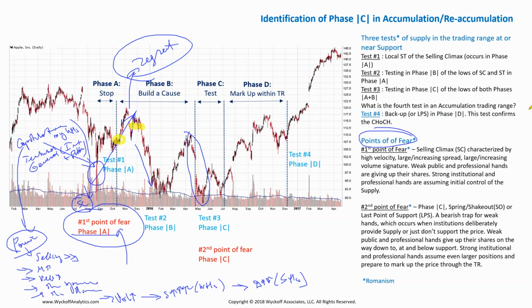Now, as the price goes down in phase B into another test, what do you think they're going to do now? They're probably going to say, well, I gave up my position on the selling climax, and that was a mistake. So this time, I'm going to hold on to this position. Have you guys done this?